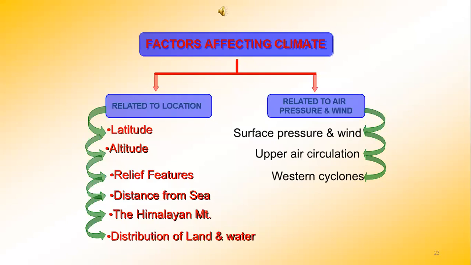The location-related ones are latitude, altitude, relief features, distance from the sea, the Himalayan mountains, and distribution of land and water. The air pressure and wind-related ones are surface pressure and wind, upper air circulation, and western cyclones.